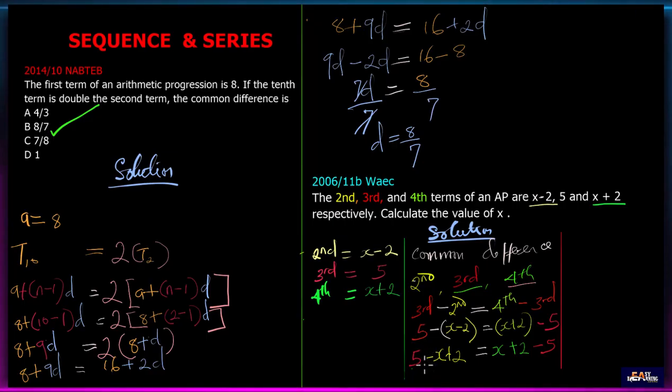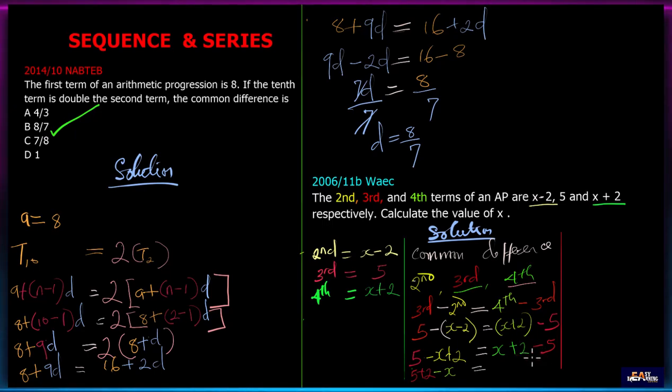Rearranging it, the 5 and the 2 move over, giving 5 plus 2, and the x still remains as minus x.